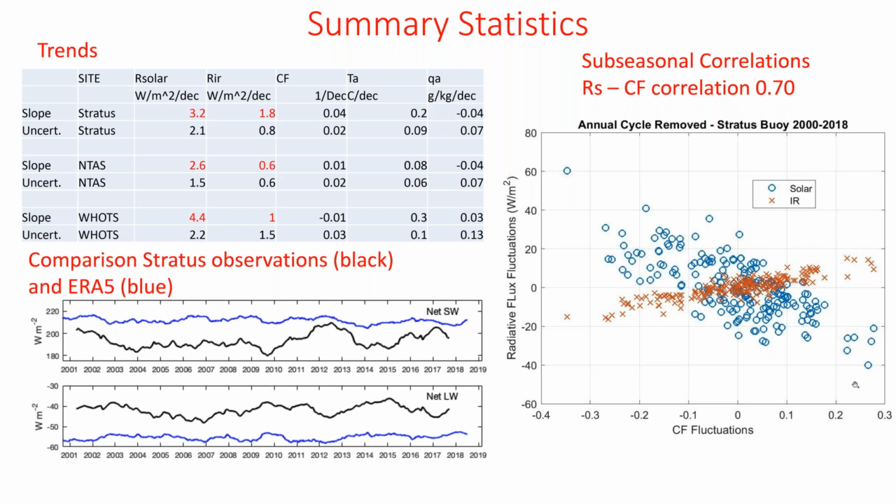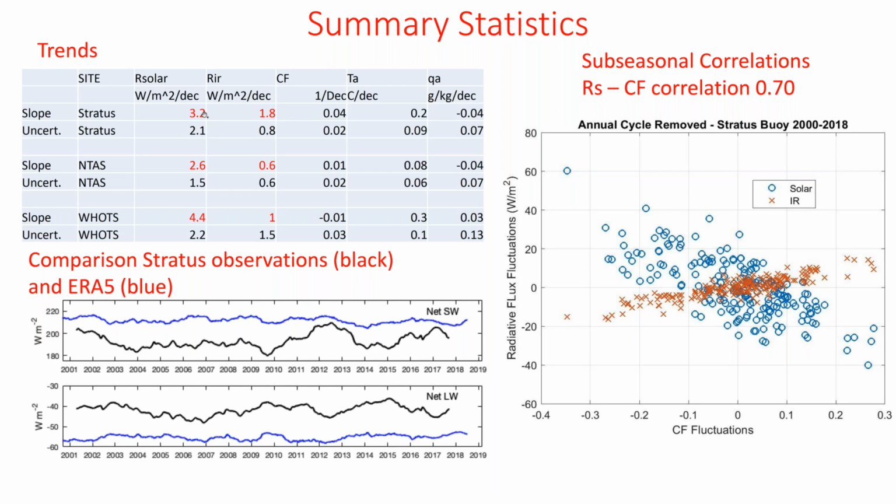You'll notice that with a positive fluctuation in cloud fraction, you're getting more IR flux and less solar flux. So the majority of the variation in fluxes with the annual cycle removed is driven by cloud variations. No surprise, but relevant to this analysis.